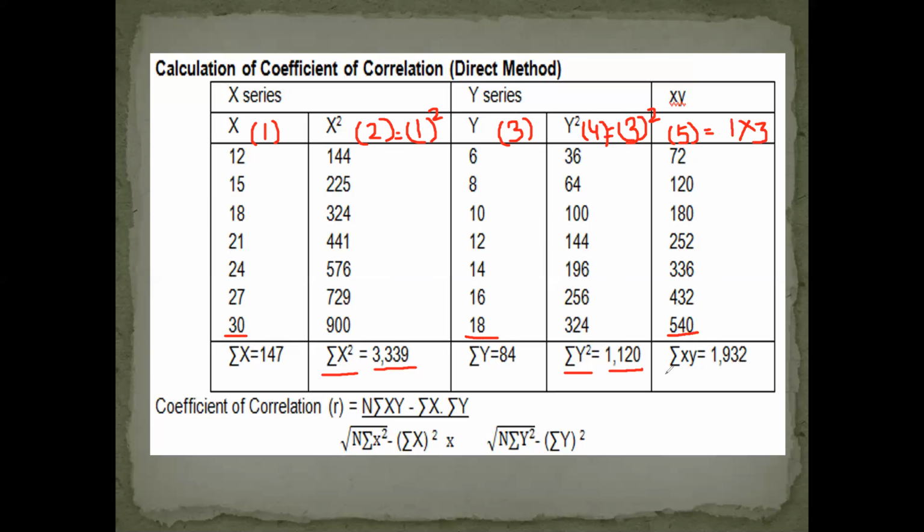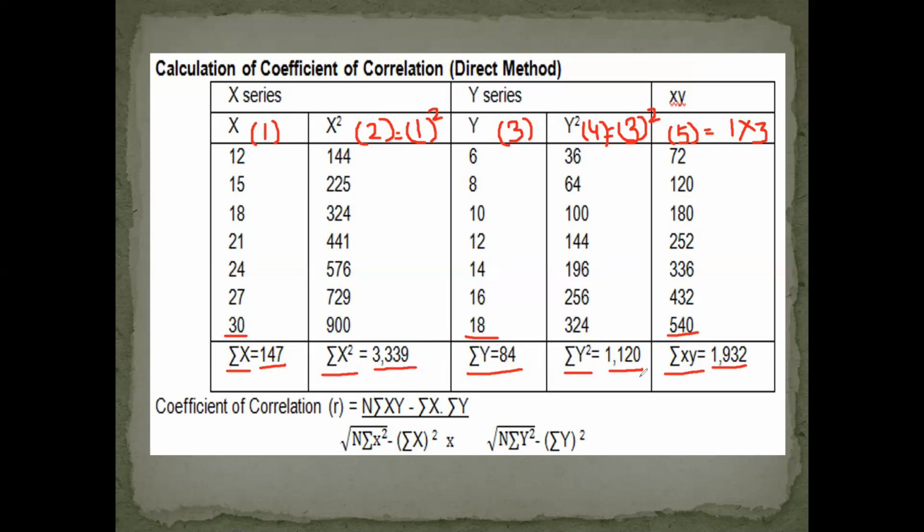Then we take the summation of XY, which is 1932.